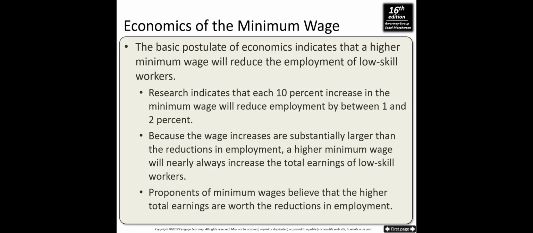But research indicates that each 10% increase in the minimum wage will reduce employment by between 1 to 2%. Because the wage increases are substantially larger than the reductions in employment, a higher minimum wage will nearly always increase the total earnings of low-skilled workers. And proponents of minimum wages believe that the higher total earnings are worth the reductions in employment.